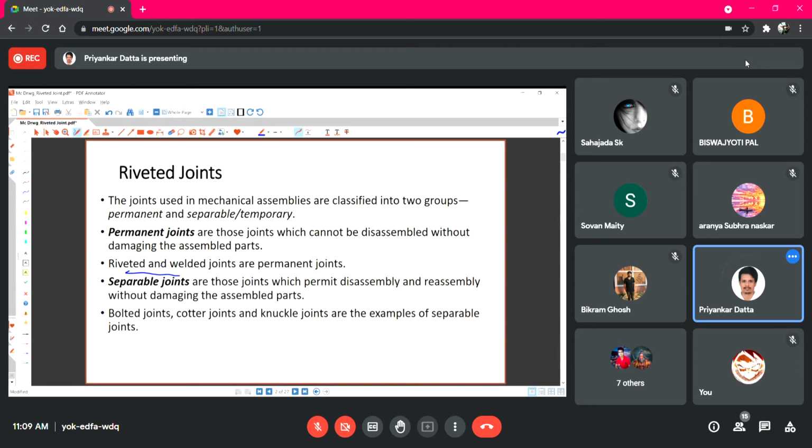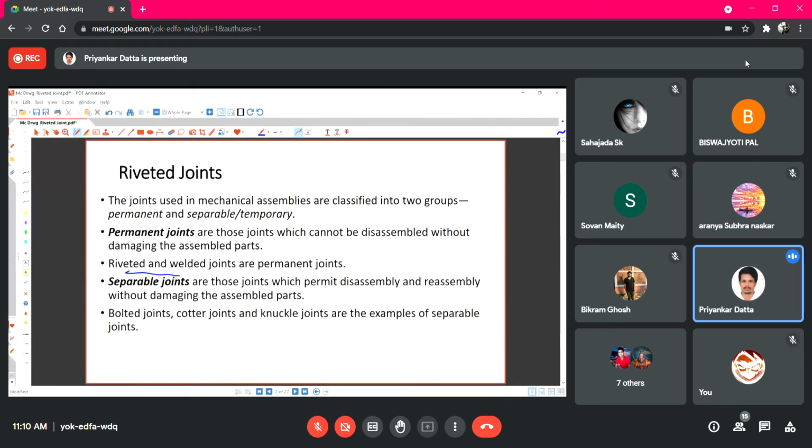Once you learn about machine design, you will understand that you have already learned about engineering mechanics and solid mechanics, that means strength of materials. Many of the principles or theories developed in these two subjects are used to design all these joints or components, the thickness of the joint, or other parameters.